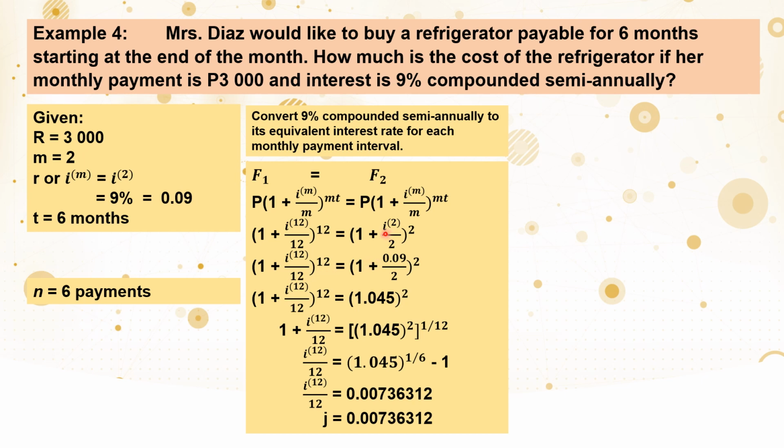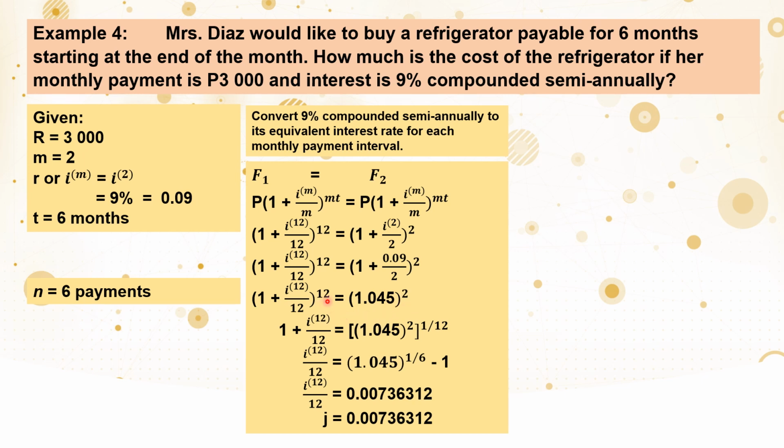Then yung I raised to 2 natin is 0.09. We substitute now the value of I raised to 2. It is 0.09 over 2 raised to 2. Now, simplifying this, 1 plus 0.09 over 2, using your calculator, it is equal to 1.045 raised to 2.